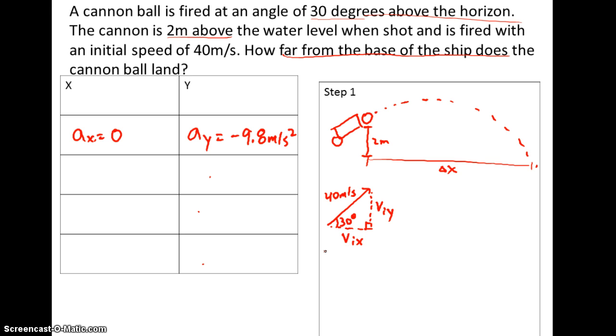I want to find these two quantities given the initial speed and angle. With a right angle triangle, we have tools we can use: Pythagorean theorem or SOHCAHTOA. If I want to find Vix, this is my angle, that's my adjacent side, that's my hypotenuse, adjacent, hypotenuse, so I'll use cos.